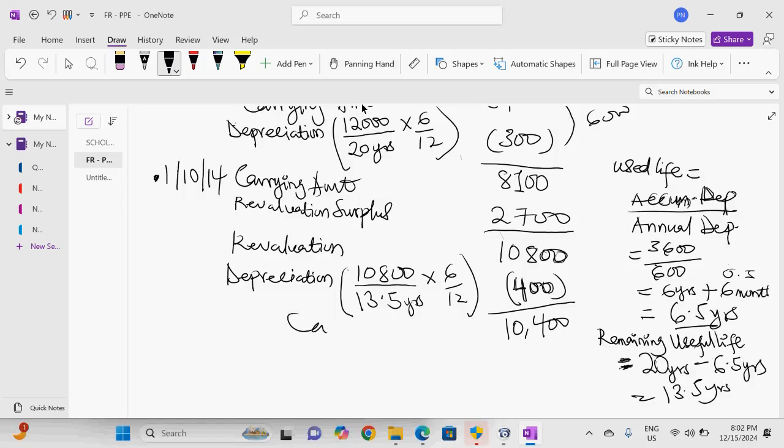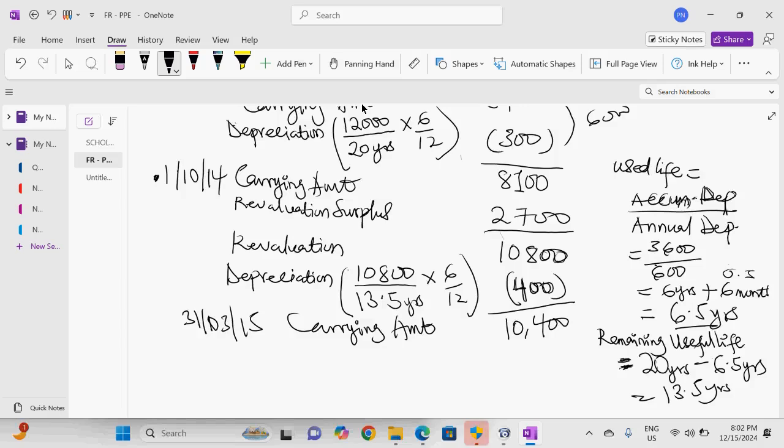This is your carrying amount as at 31st March 2015.